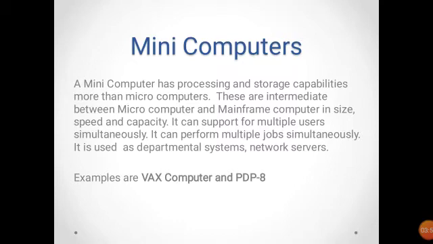These are intermediate between microcomputer and mainframe computers in size, speed, and capacity. It can support multiple users simultaneously, so that these computers are used in networks. So the examples of mini computers are VAX computers and PDP-8 category computers.